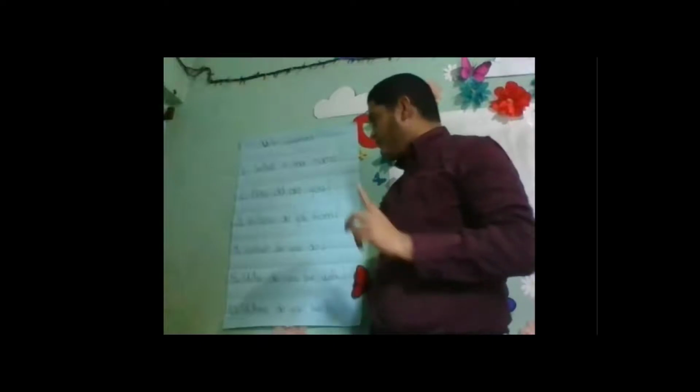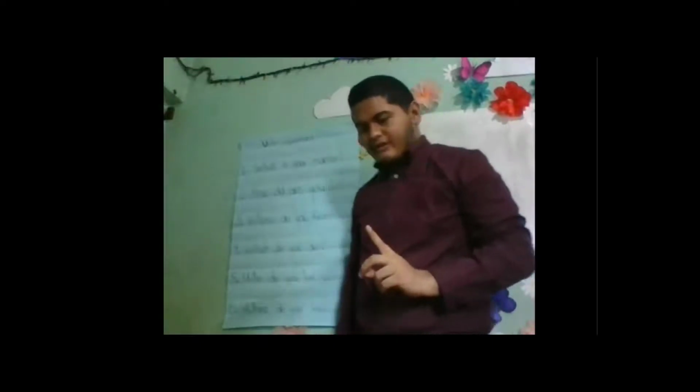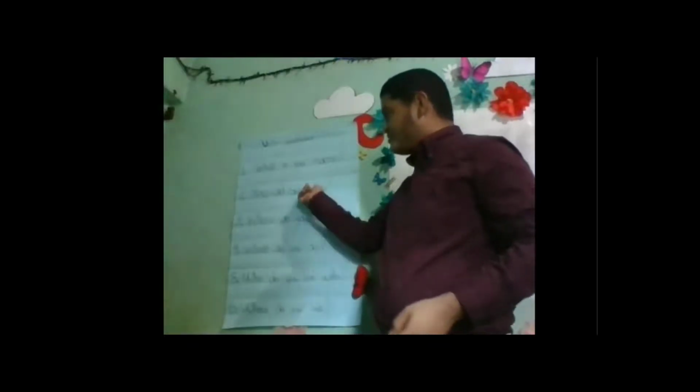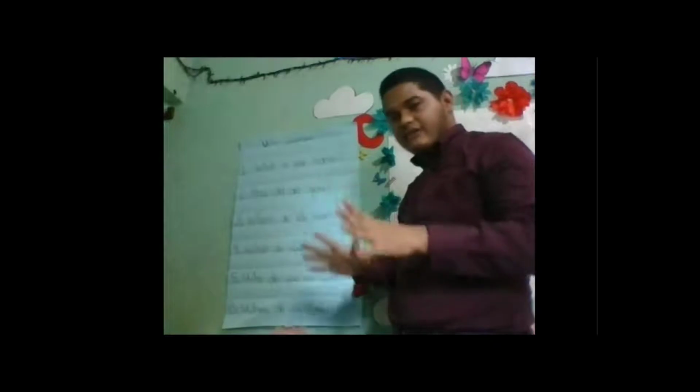So let's move to the poster that I have already there for you. First I'm going to read, and you are going to listen to my pronunciation of the questions. Then you are going to read aloud these questions by yourself. But first, I'm going to read for you, so try to focus on the pronunciation.